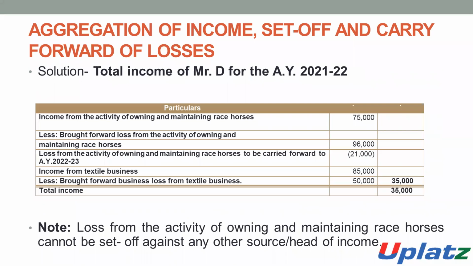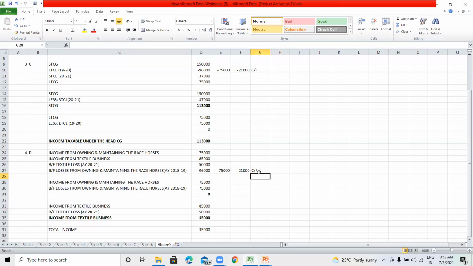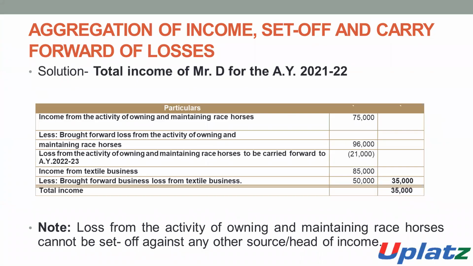So in this situation, income from the activity of owning and maintaining race horses is 75,000 less 96,000, but we can adjust up to 75,000 rupees, and the 21,000 loss we will carry forward to the assessment year 22 and 23.